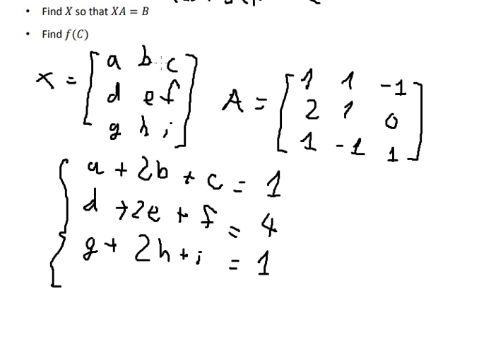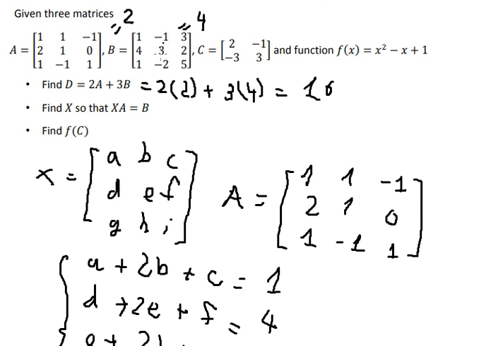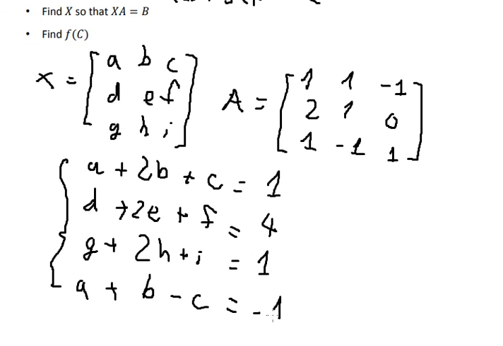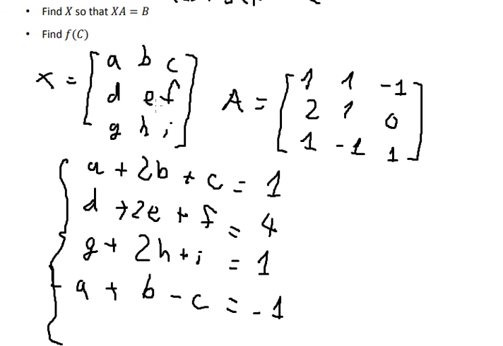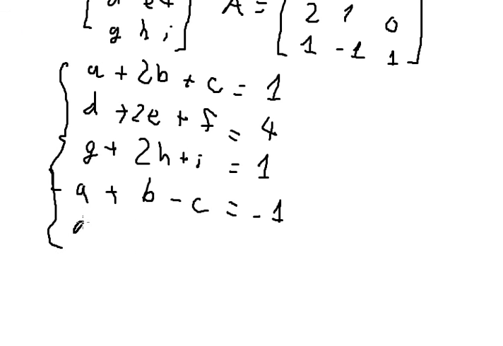So we have A, B, C, and we have 1, 1, negative number 1. And this location in here, that's about negative number 1. D, E, F, 1, 1, negative number 1. And this is about number 3.